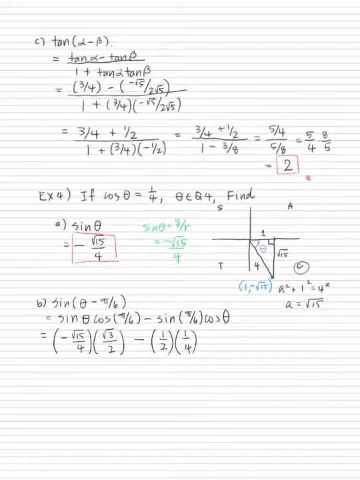So multiply this out, then what do we get? Negative, let me see, what is that? 3 root 5 over 8. And then minus 1 over 8, which is negative 3 root 5 minus 1, whole thing over 8. And this is going to be our answer.